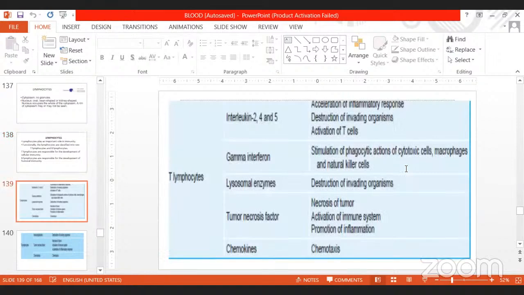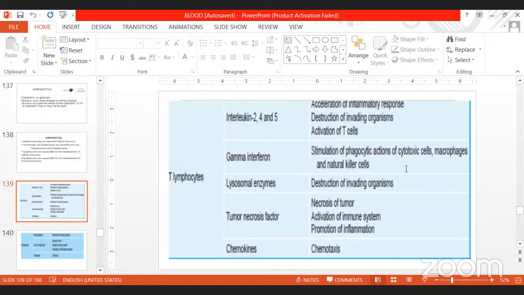The substances produced from the T lymphocytes are interleukin 2, 4, and 5, which help in the acceleration of the inflammatory response, destruction of the invading organism, and activation of the T cells. Gamma interferon helps in the stimulation of phagocytic actions of cytotoxic cells, macrophages, and natural killer cells.